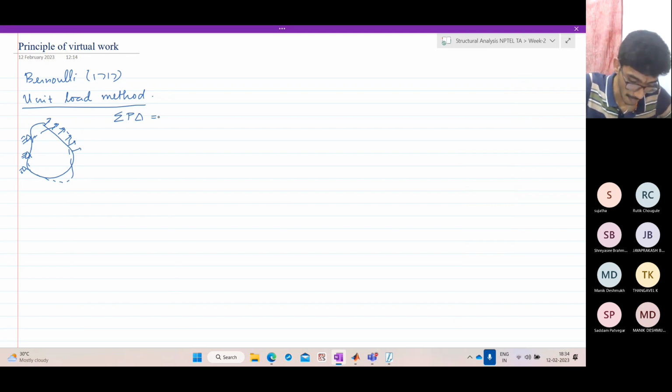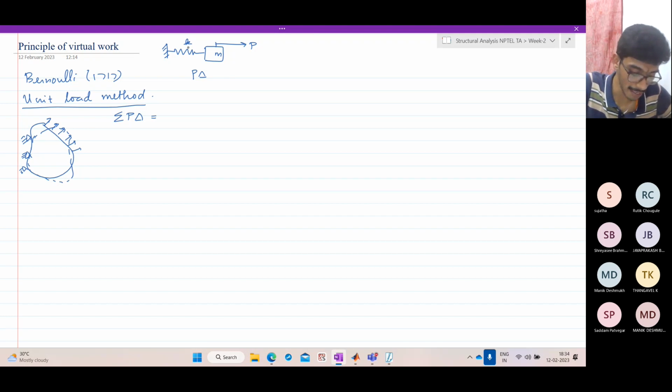So, just to illustrate this issue, you take a simple system of a mass with a spring constant K, a linear spring. You apply a certain external force P. So what will be the work done by the external force? You will have some P into delta.